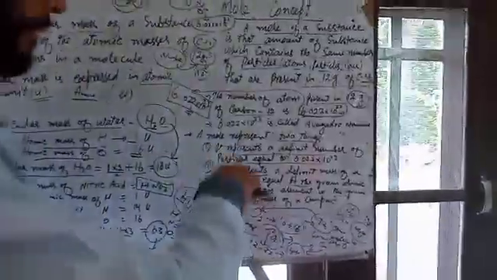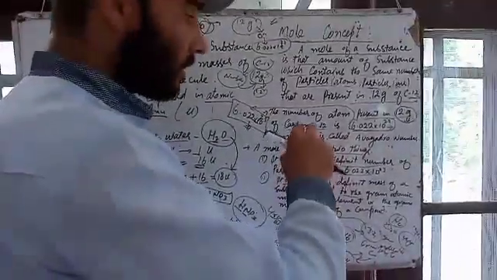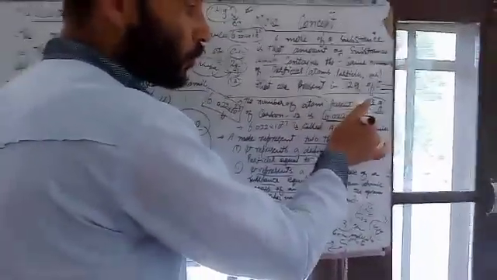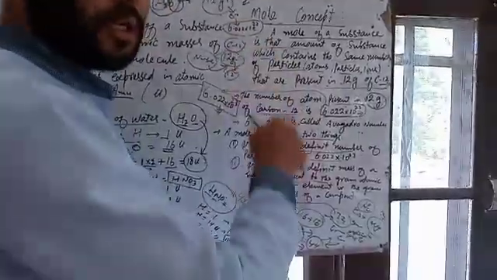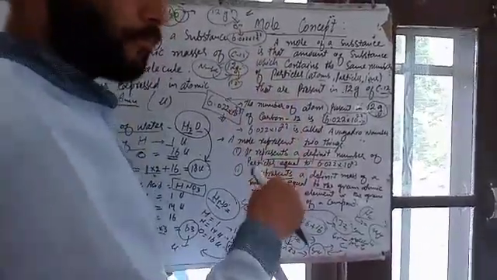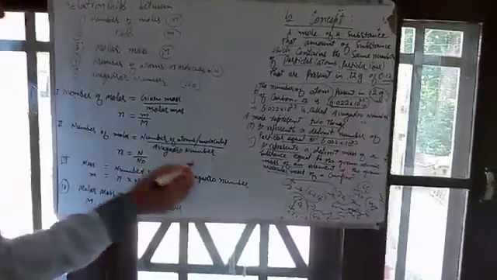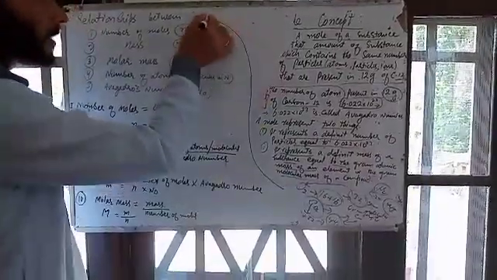This mole represents these quantities. That means 6.022 × 10^23 atoms, molecules or ions or anything. And after that, now the relation between different things.